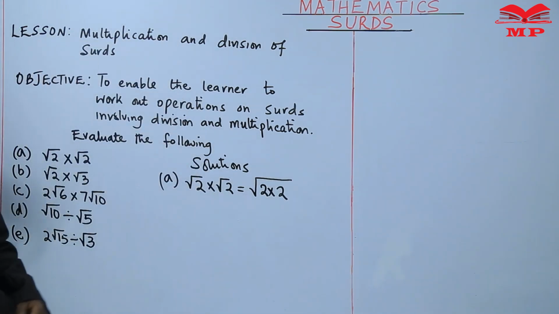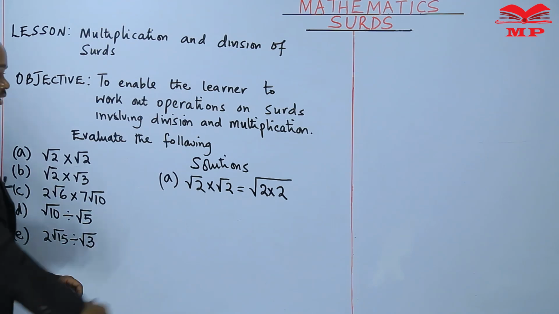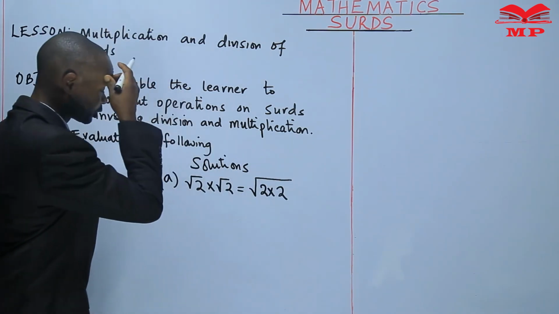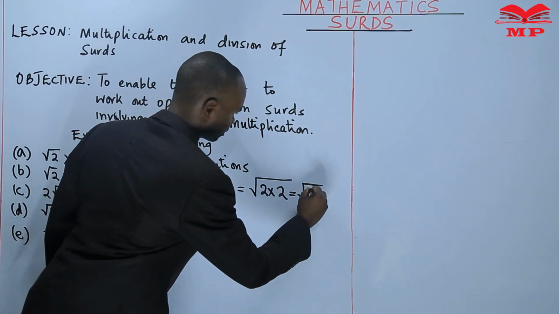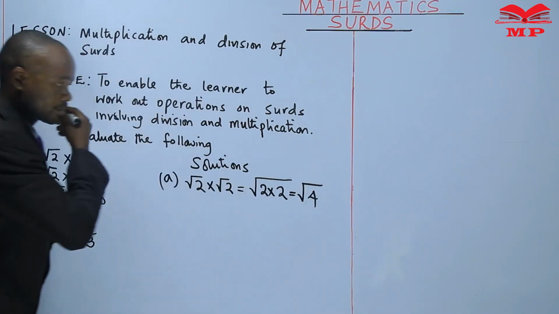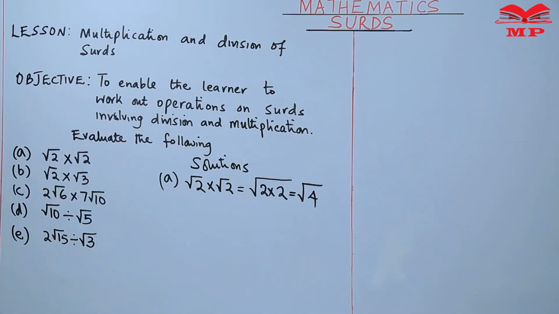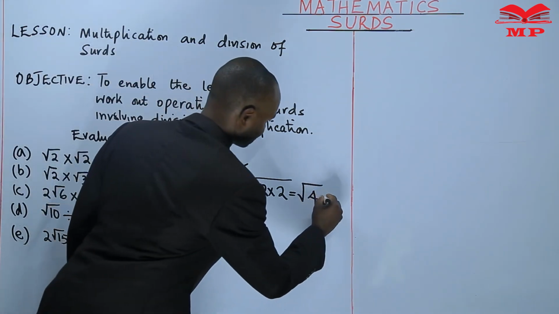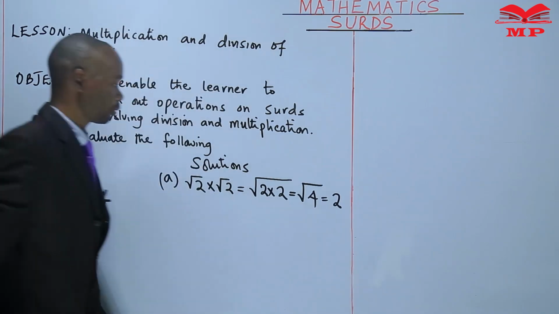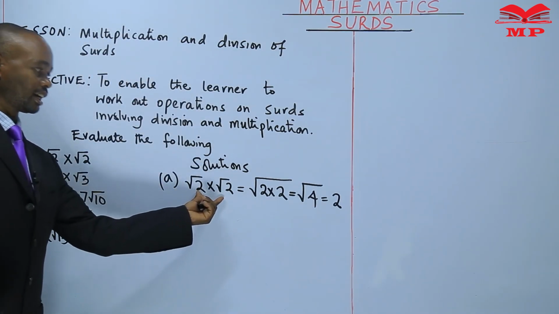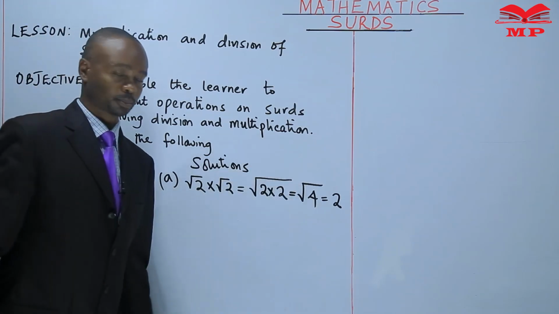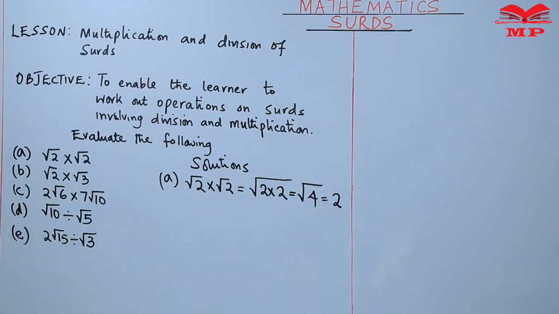That gives us square root of 4. But 4 has a perfect root, so the answer is 2. What has happened? You put them inside one root.